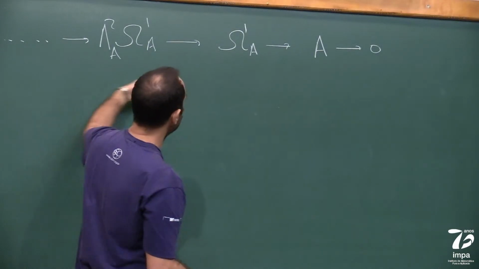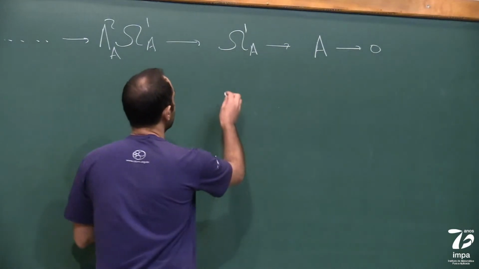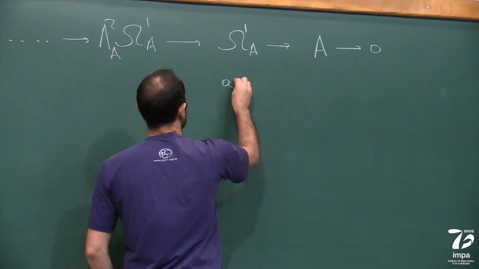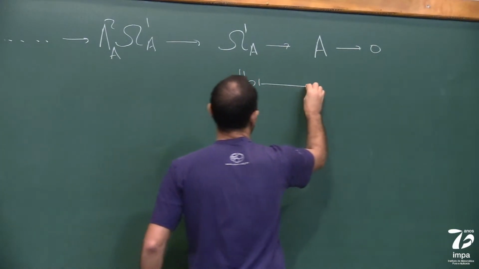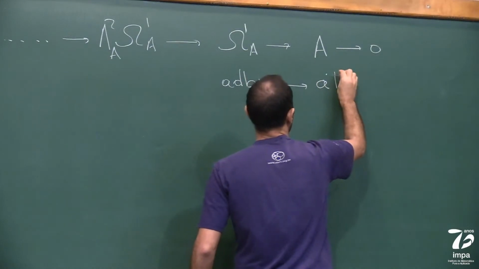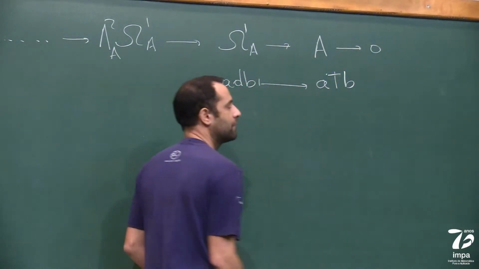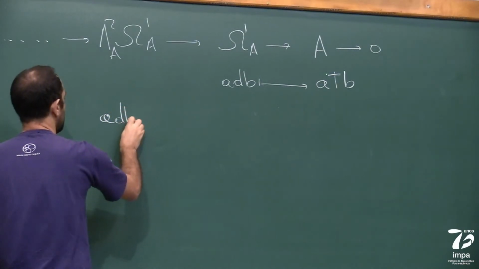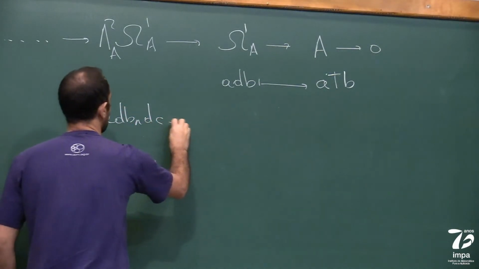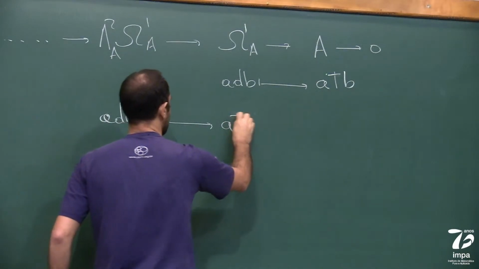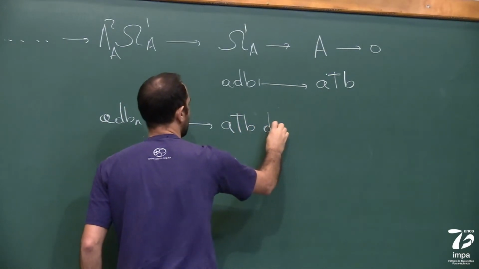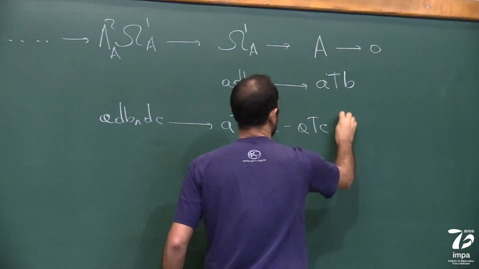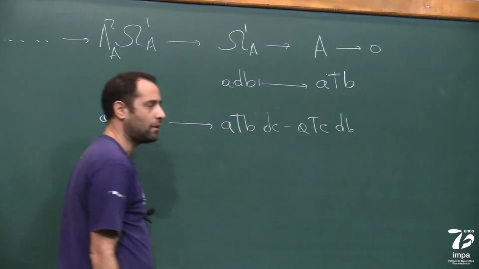And the differential in this complex is given by contraction with your derivation. So the differential here takes A dB to A times the derivation of B, and the differential here, A dB wedge dC, goes to A ∂B dC minus A ∂C dB, and so forth.